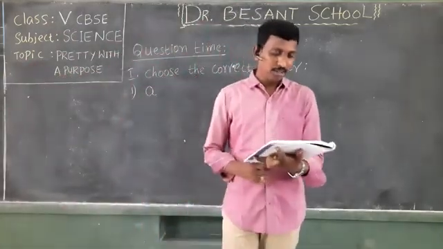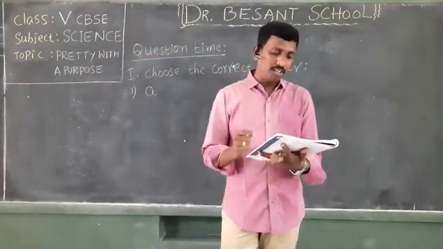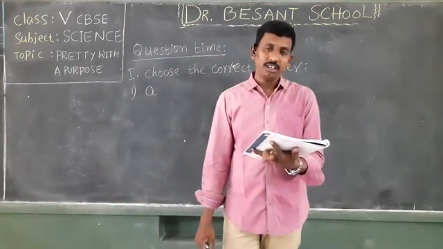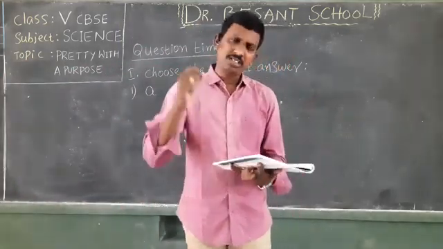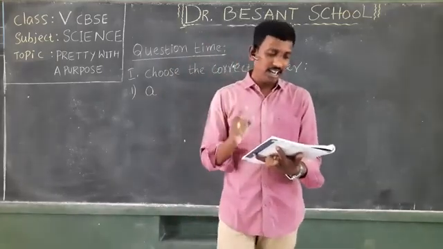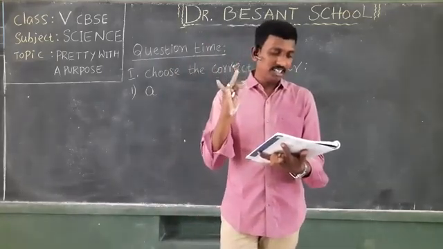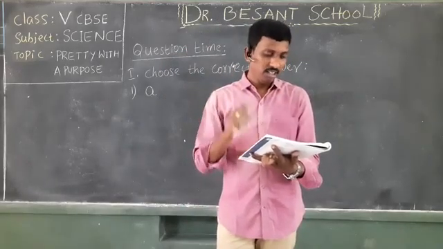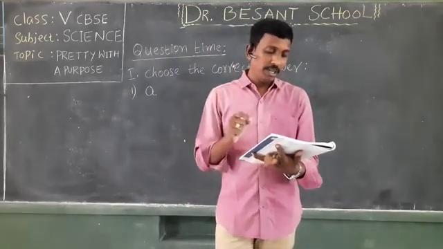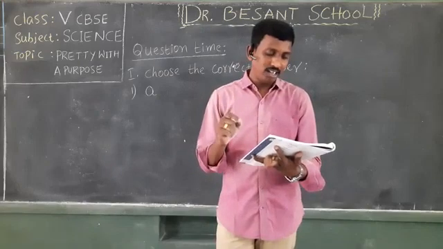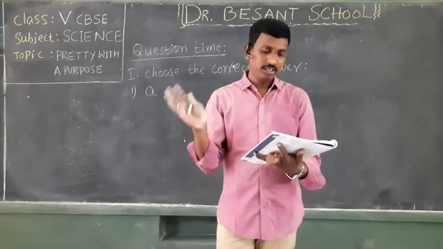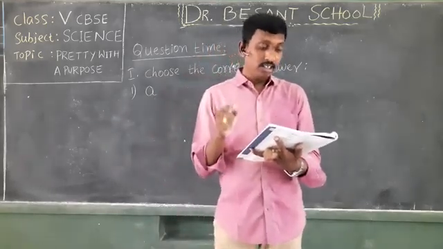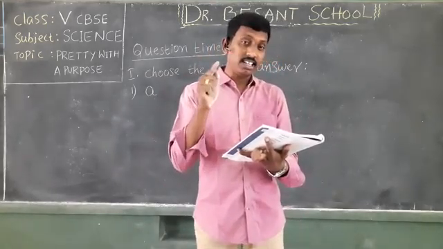Okay. Now, number 2. Which group has the best agents of pollination? A. Fire, insects, wind. Fire is not a good agent of pollination, so you can remove it. B. Animals, water, fire. Again, fire, so remove that option. C. Wind, birds, insects.